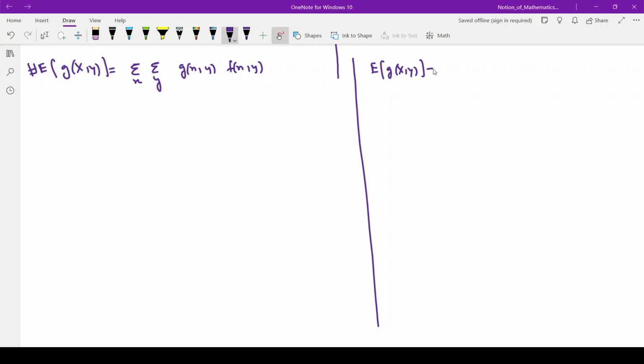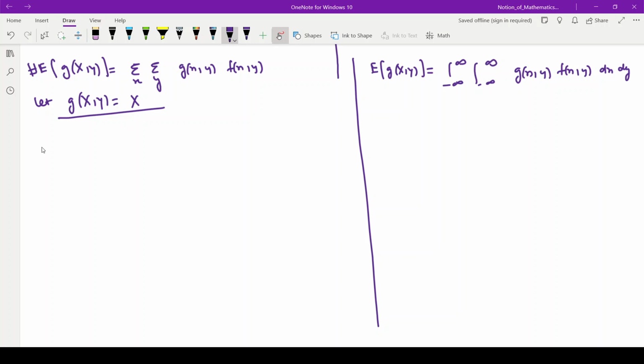Expectation of g(x,y) is the double summation over x and y of g(x,y) f(x,y), and for the continuous case, the expectation of g(x,y) is the double integration of g(x,y) f(x,y) dx dy. So my deduction is here: let g(x,y) depend only on x, it is containing only the variable x.